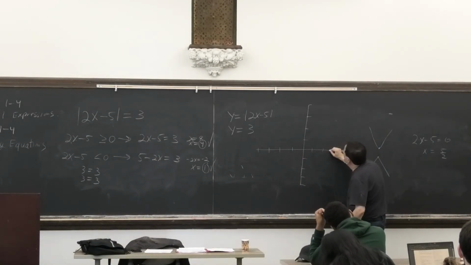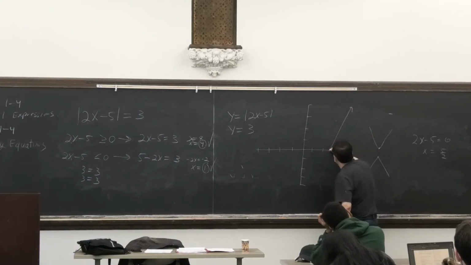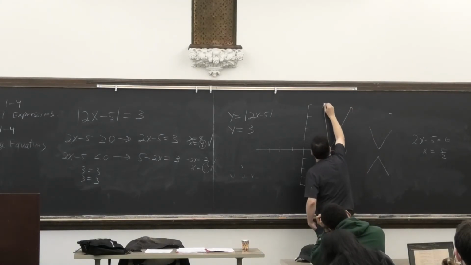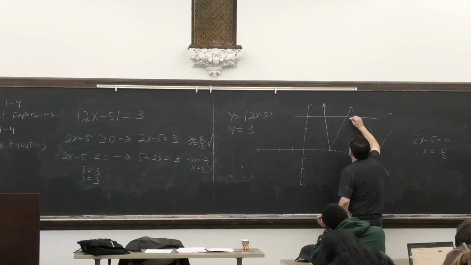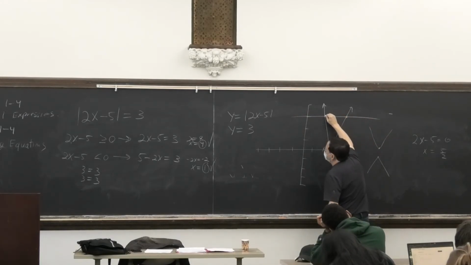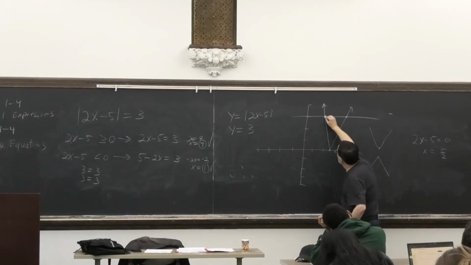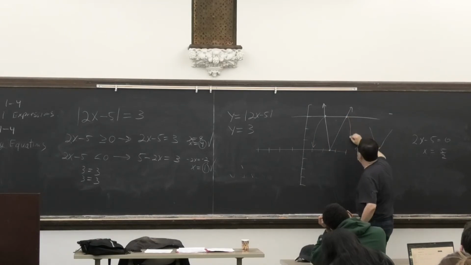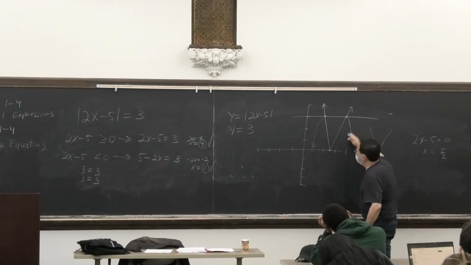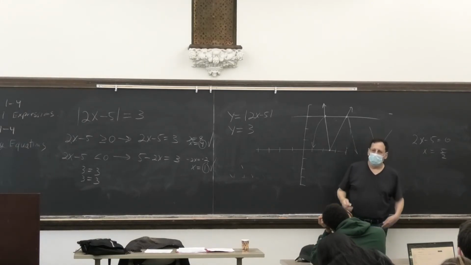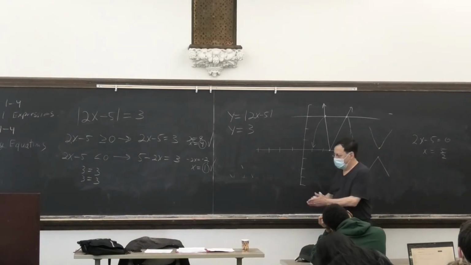On either side, we're going to have a slope of 2 or a slope of -2. Sure enough, if we graph the other equation, y equals 3, you end up with these two points. It didn't really come out very well. My graph isn't very accurate. You know, get some graph paper or use Desmos.